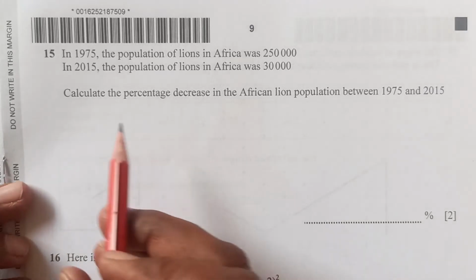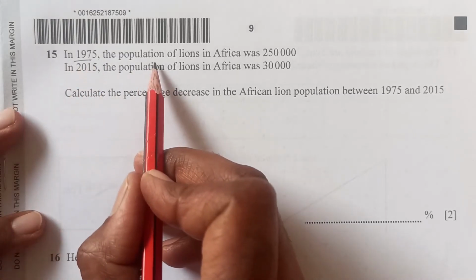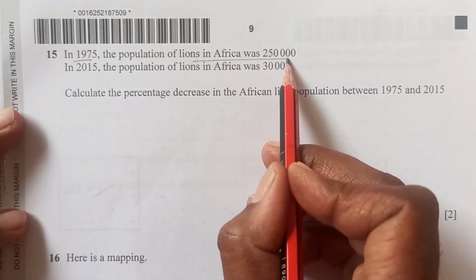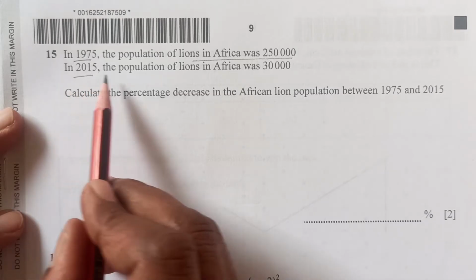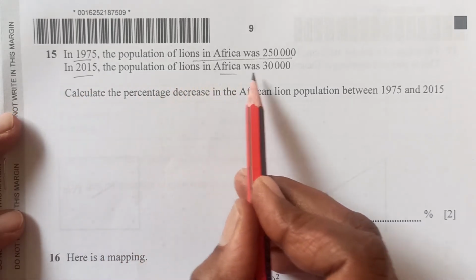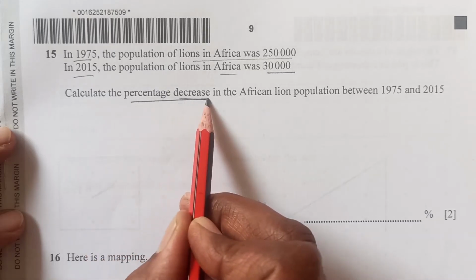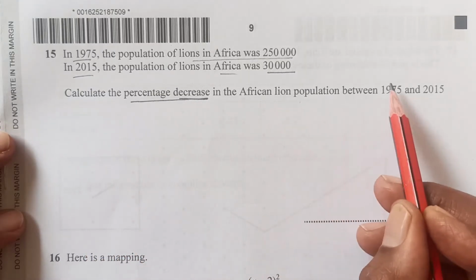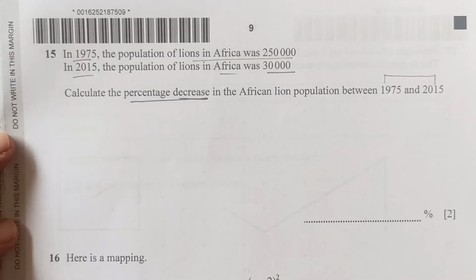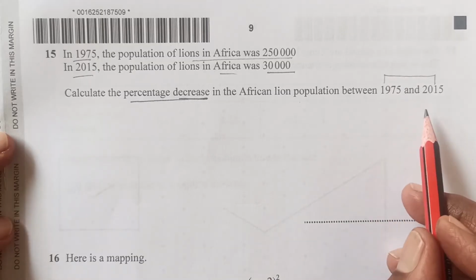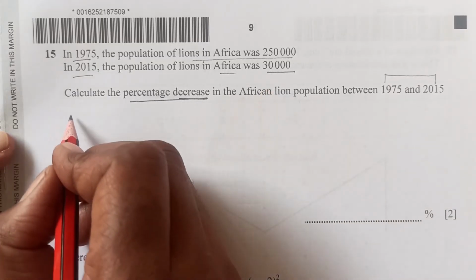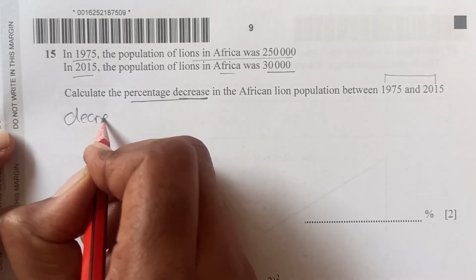Question 15. In 1975, the population of lions in Africa was 250,000. In 2015, the population of lions in Africa was 30,000. Calculate the percentage decrease in the African lion population between 1975 and 2015. So first of all, we will see the decrease.